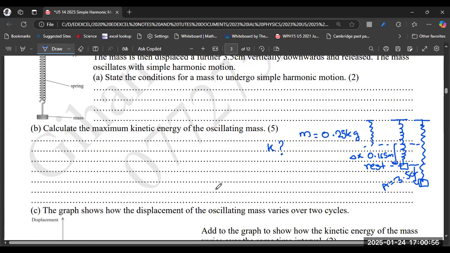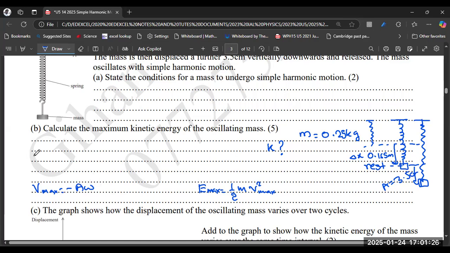Okay, we'll start with what we need to find first. If we need the maximum kinetic energy, we need half m v max squared. If we need that, we need v max. v max will be equal to a omega. A is known, 3.5 times 10 to the power minus 2.